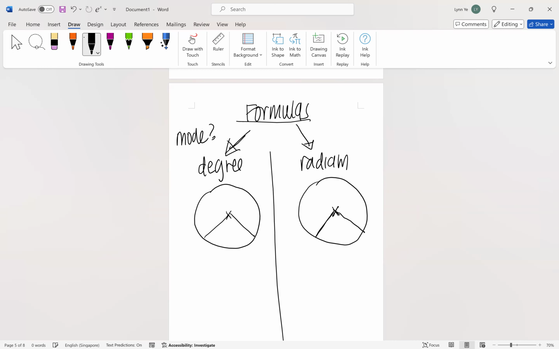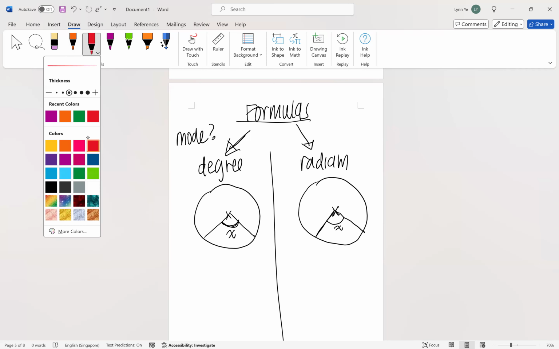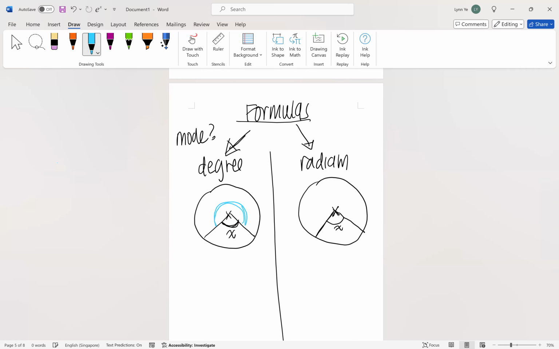This formula is not for segment. This formula is for sector. Okay. So when it's degree, this thingy here is called x. All right. This angle right here is called x. So guys, if this angle here is x, that means that this angle here is how much if it's in degree mode? How much is this blue angle here?